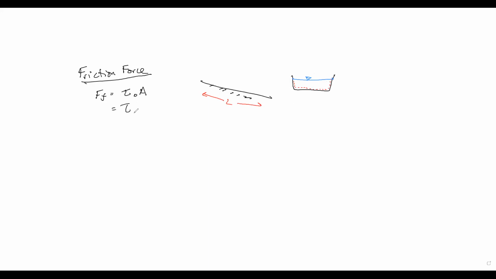Then we can say this is tau naught times P, this wetted perimeter, times L. That's going to be our area term. P is wetted perimeter. We're going to see this term a lot. Tau is shear stress.